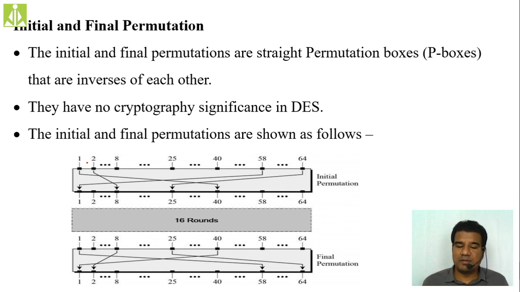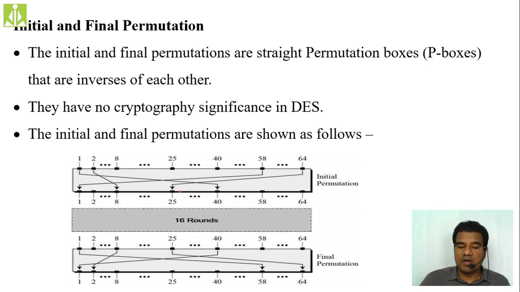The initial permutation and final permutation are shown over here. In the initial permutation, the first bit we are shifting to the 40th bit. You have to remember this. Inside the initial permutation, the first bit is shifted to the 40th bit and the second bit to the 8th bit, likewise the 58th bit is sent to the first bit, and the 64th bit to the 25th bit.